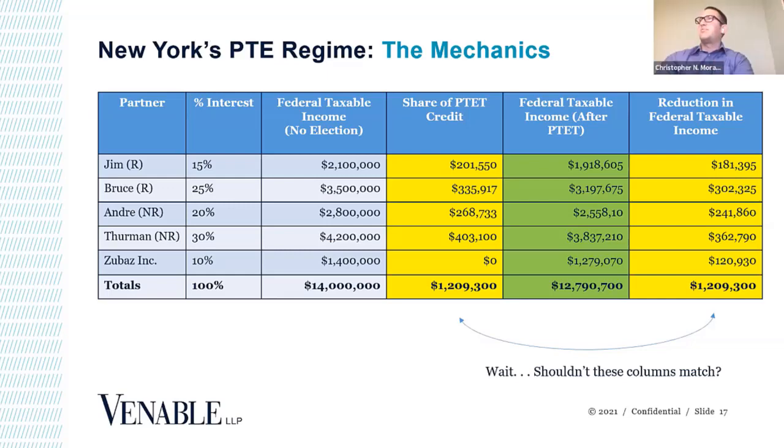So effectively, some of the benefits from the PTE tax workaround are reduced, because Zubaz has a 0 share of the credit, yet its reduction in federal taxable income of 1.2 million is essentially a benefit, even though there's not any pass-through entity tax paid on its behalf. So that's where we have this mismatch.